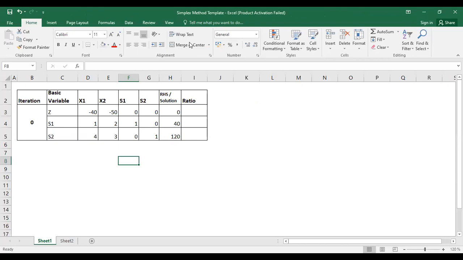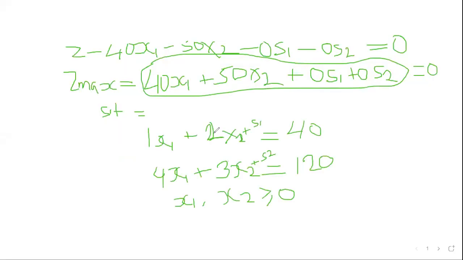Okay, so when you look at the equation that we wrote on our whiteboard, you realize that when you take the constraint here, please, do you see my whiteboard? Yes, please. For the first constraint, when you change it to the standard form, you have 1x1, you have 2x2, you have S1. So it's assumed that it is 1S1, right? But there is no S2 on this row.